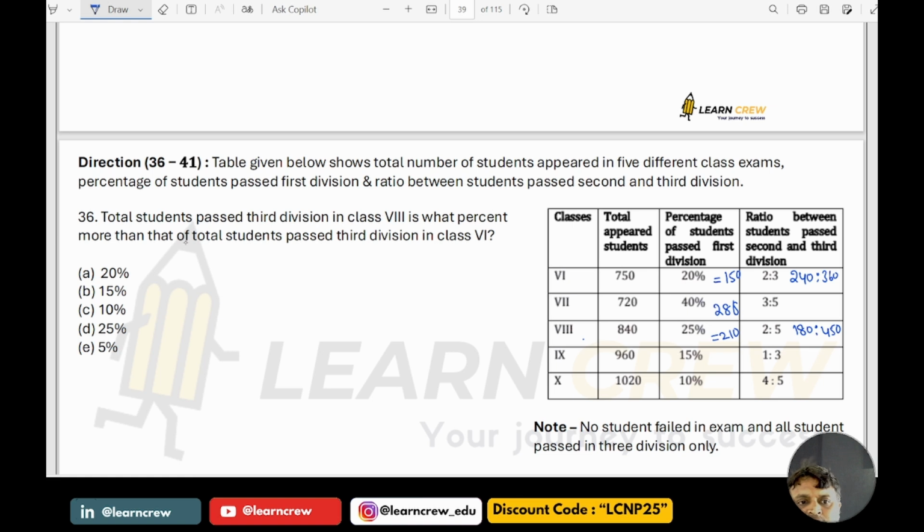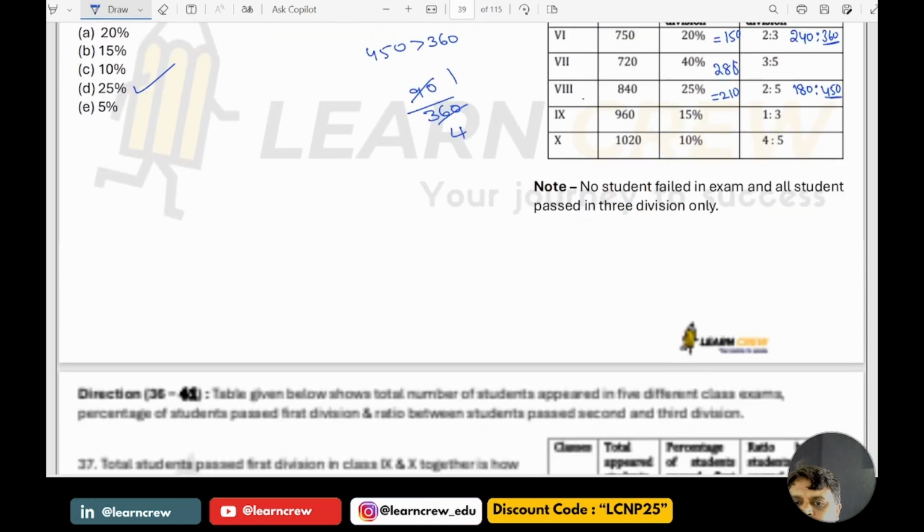So the total number of students passed third division is 450. In class 8, this is what percentage more than the total students passed in third division in class 6? Class 6 is 360. 450 is greater than 360 by how much percent? Difference by base value into 100. 1/4 means how much percentage here? 25%. Now next question.